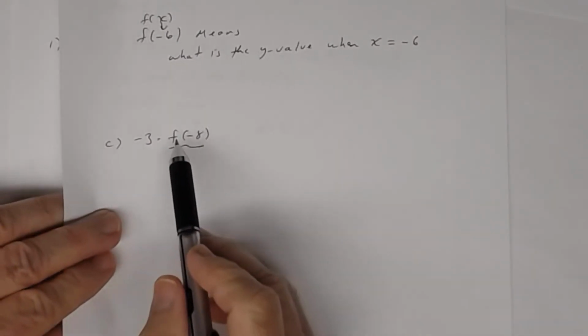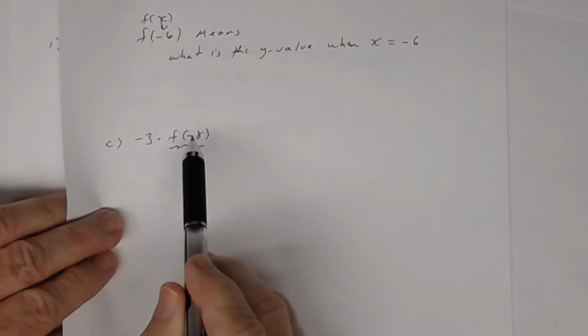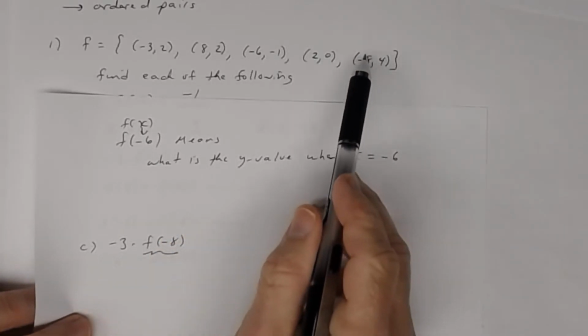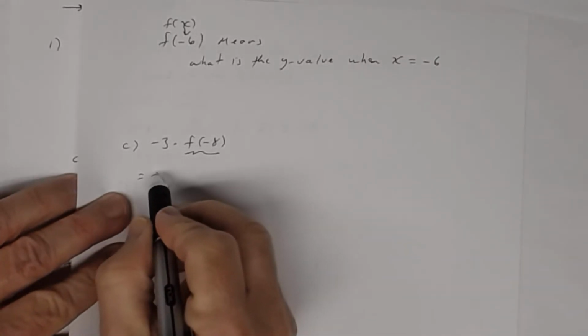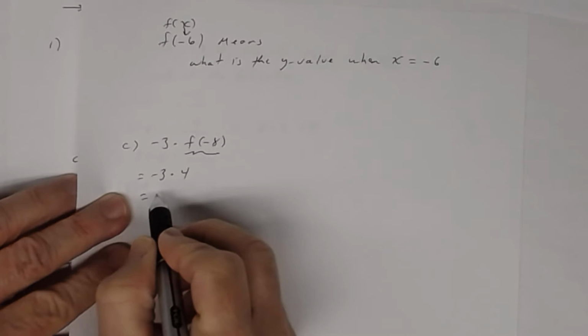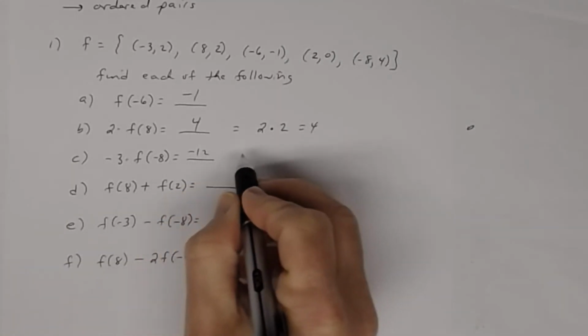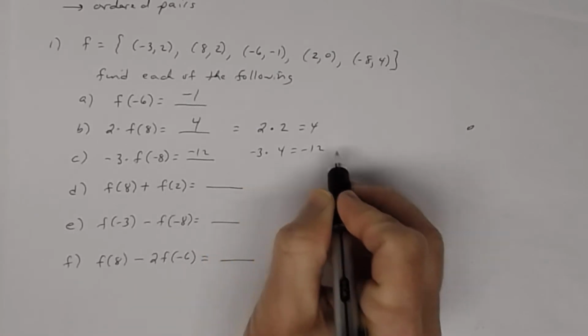And so f of negative 8 means, just like this one, what's the y value when x is negative 8? So when x is negative 8, this is the ordered pair here. See, x is negative 8, that y value is 4. So this becomes negative 3 times 4, which is negative 12. Okay, so the answer here is negative 12.